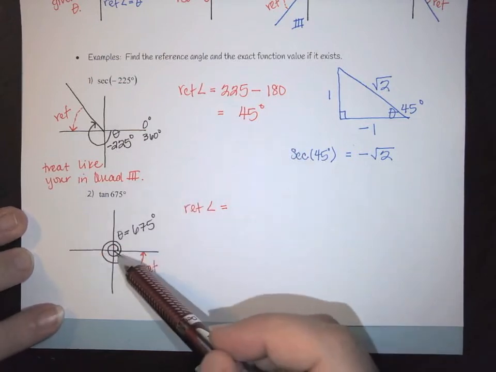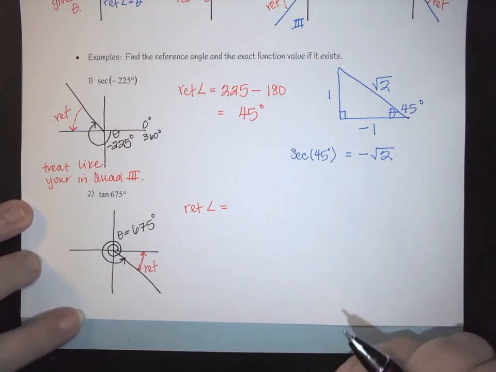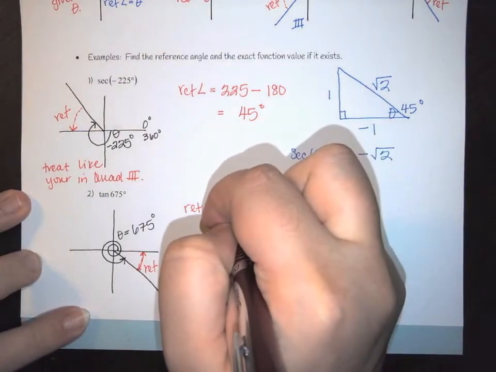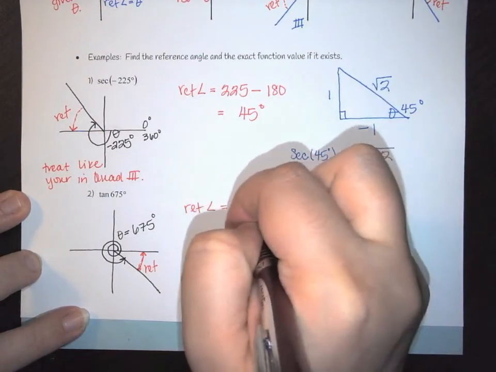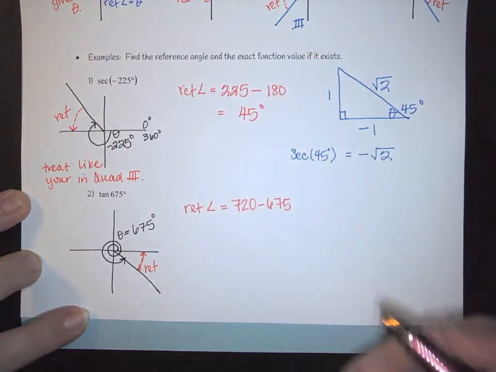Now in this case, because we're going almost 2 times around, it means my reference angle has to be subtracted from 720, okay, minus that 675, and that is going to give us that reference angle.